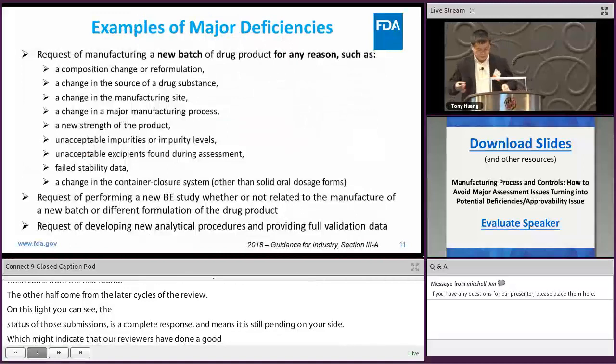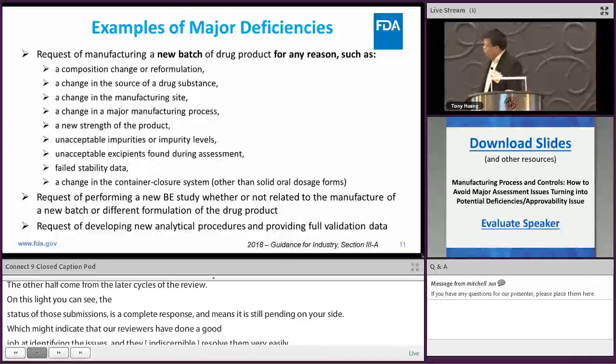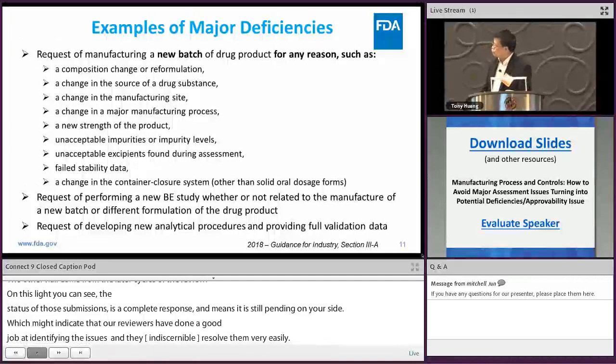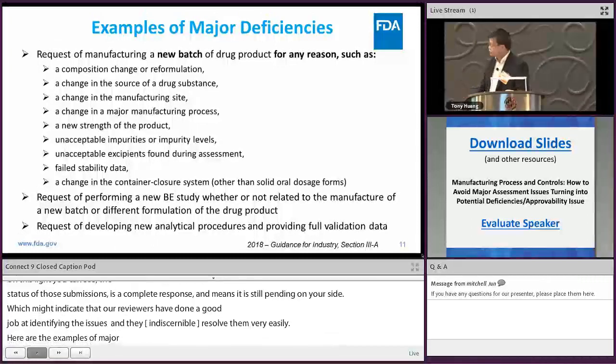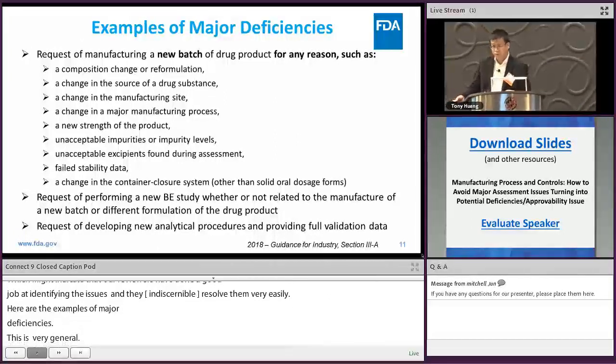Here are the examples of major deficiencies. As I said, they are from Section 3 of the 2018 guidance. This is a very general list. Basically, from a CMC perspective, whenever you are asked to manufacture a new batch, for whatever reason, it will be a major.